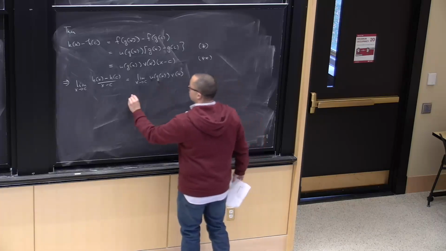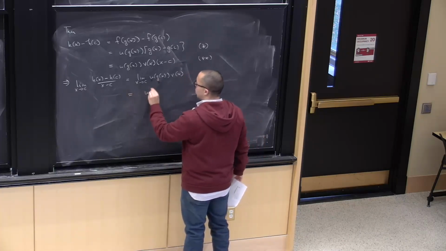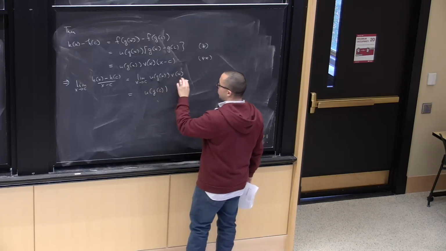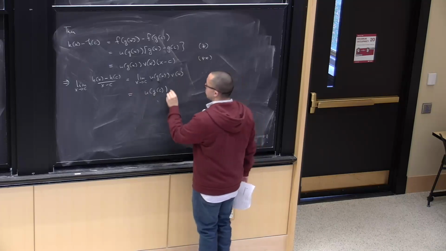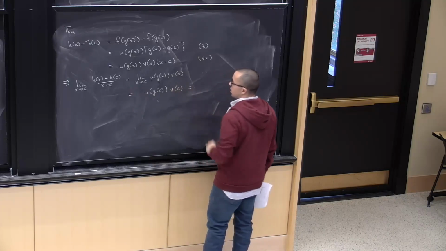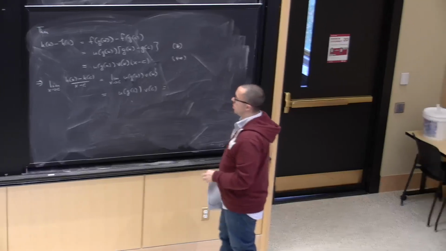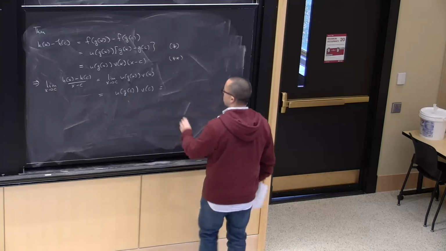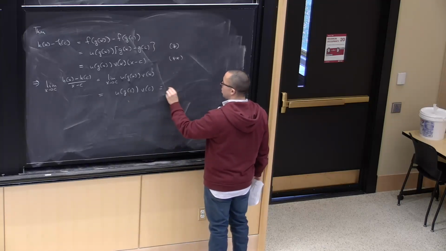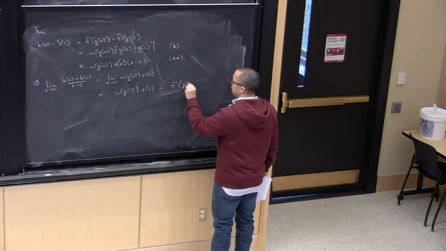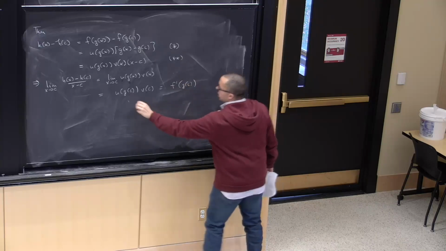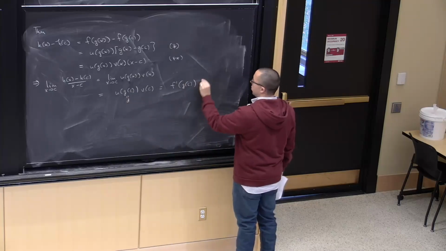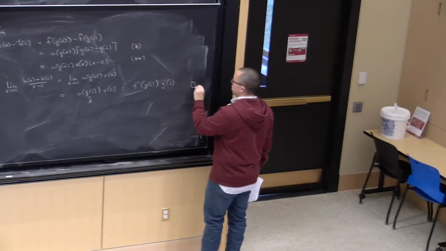So this equals u of g of c. And v of x we've proven already, that limit is v of c. And u of g of c, so this is d, remember, in the notation we had earlier, and therefore that equals f prime of g of c, remember, g of c was d, times g prime of c. Okay?